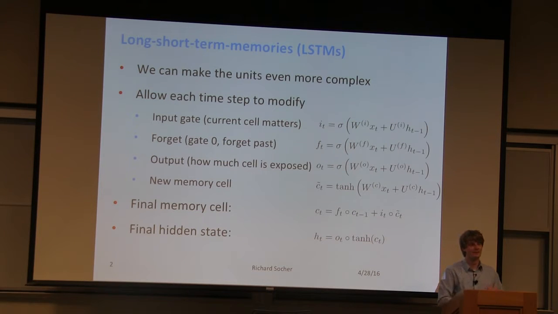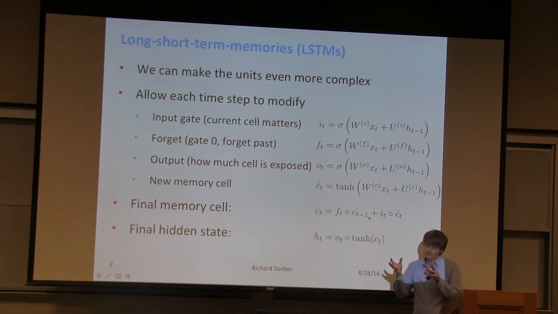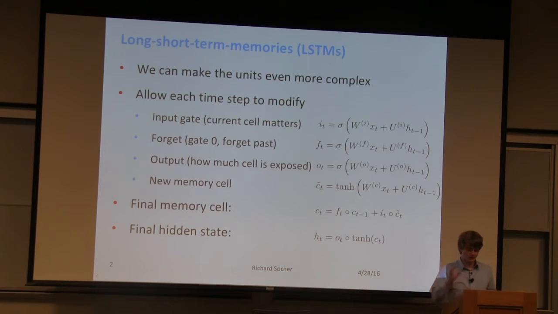Yeah? Can you explain which one of those gates actually contributes to vanishing gradients? So the question is which gate matters most here. In general, the vanishing gradient problem can be fought if you can take derivatives and you don't multiply numbers that are much smaller than 1 with the inputs from the previous time step.